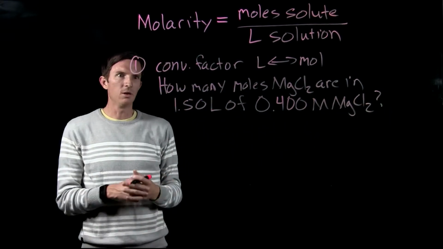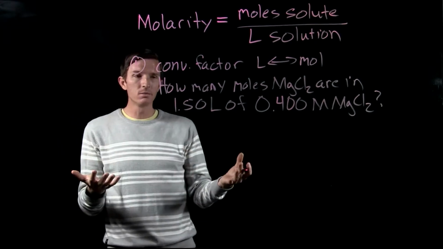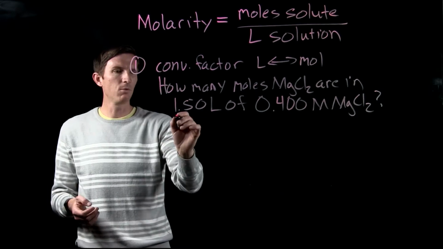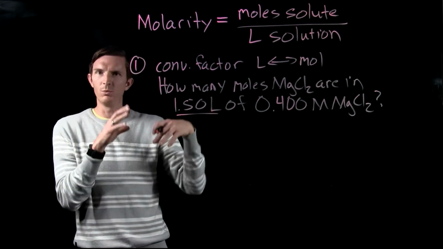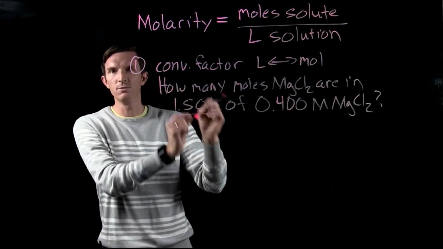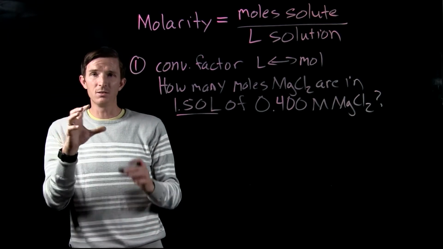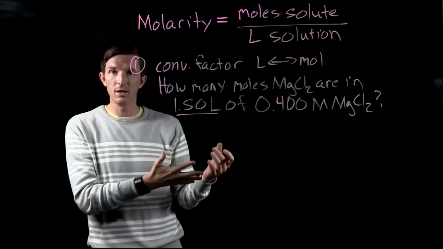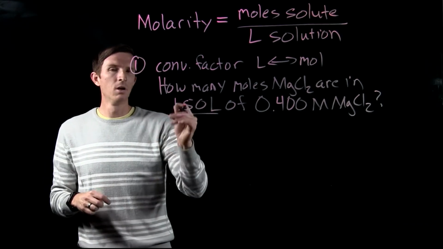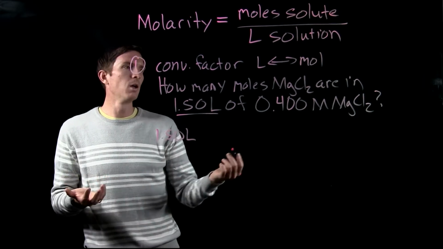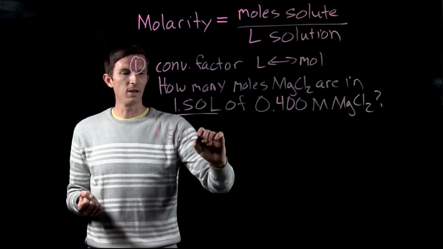So we see we have a volume and we have a molarity. This is my measured value. When we deal with solutions, our measured value is volume. If we're dealing with solids or gases, our measured value may be the mass. So our solution has 1.5 liters. We want to find out how many moles of magnesium chloride we have.